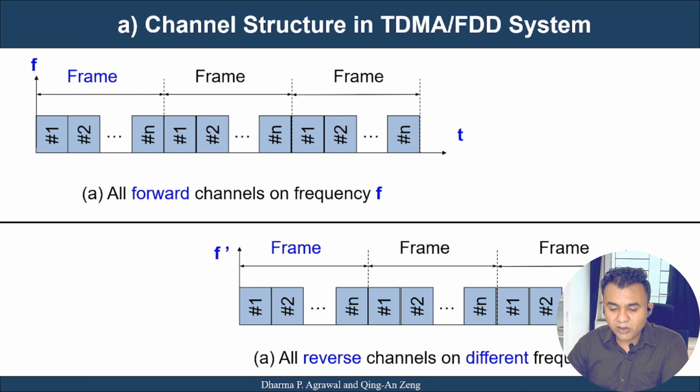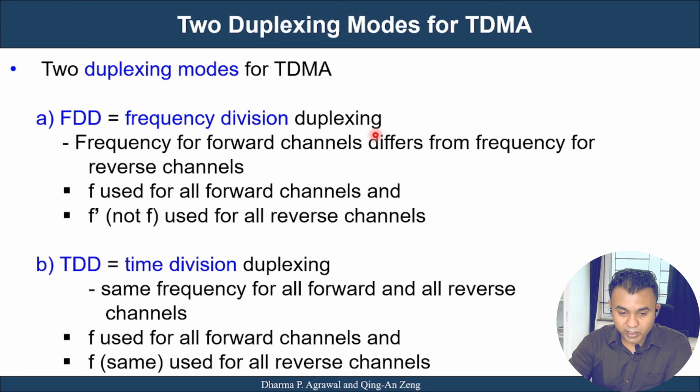Whereas in the second figure, you can see all reverse channels are on the other frequency, F dash, not on F. Which means in the reverse direction, all the stations can talk through their particular time slot only. The difference is that uplink and downlink have different frequencies, which are again time slotted. This is the frequency division duplexing method of TDMA, also called TDMA/FDD.